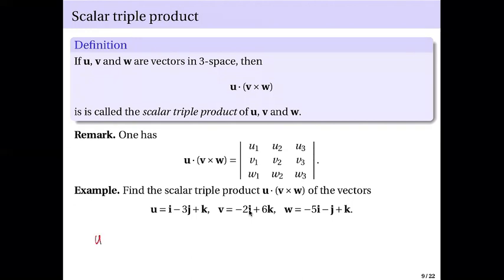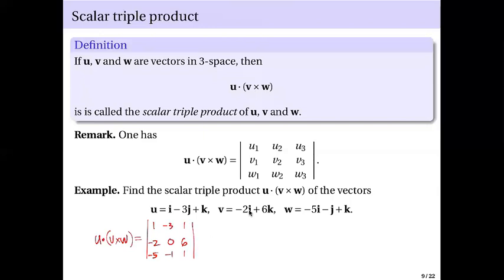But anyway, u dot v cross w is the determinant of the matrix 1, negative 3, 1, then negative 2, 0, 6, and then negative 5, negative 1, 1.